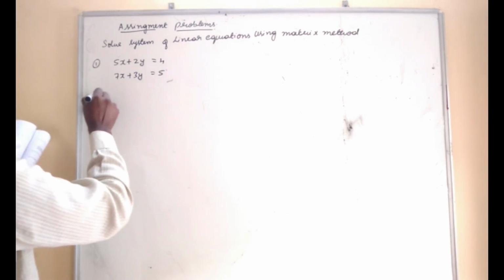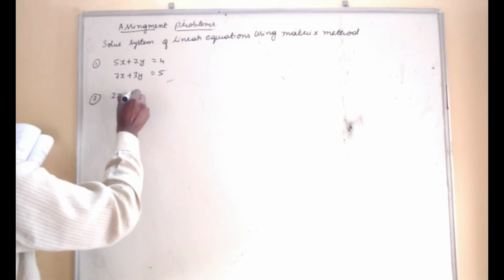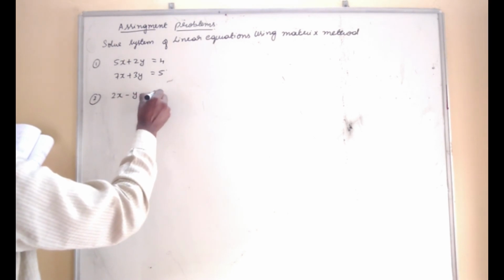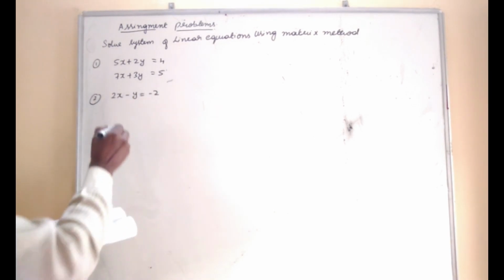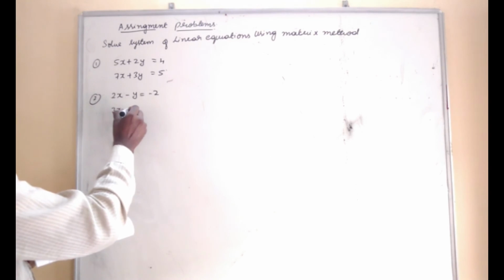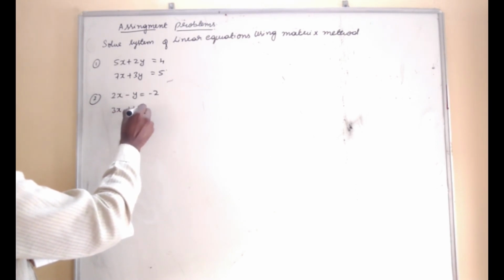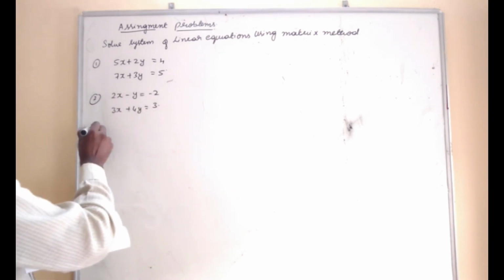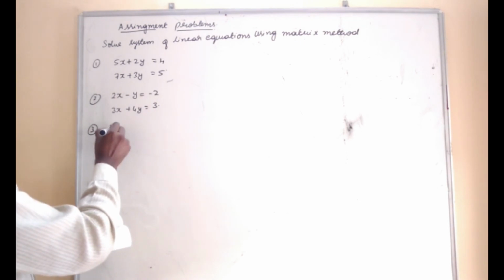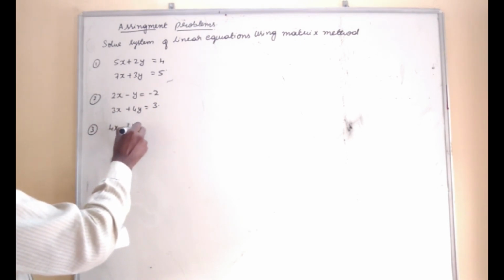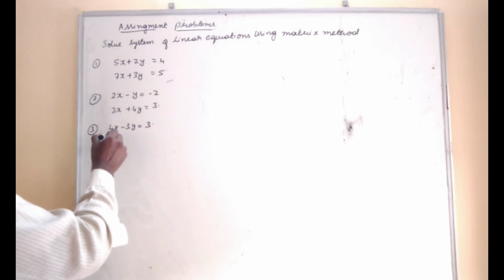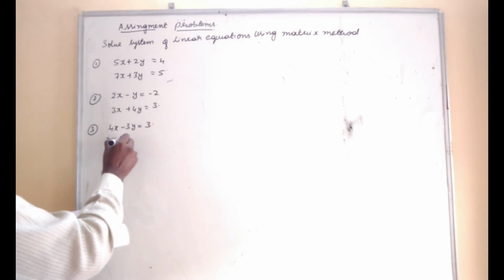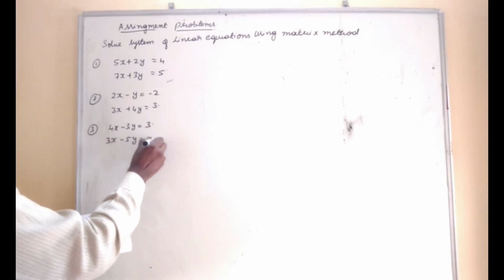The second problem is 2x minus y is equal to minus 2, then 3x plus 4y is equal to 3. Third problem is 4x minus 3y is equal to 3, then 3x minus 5y is equal to 7.